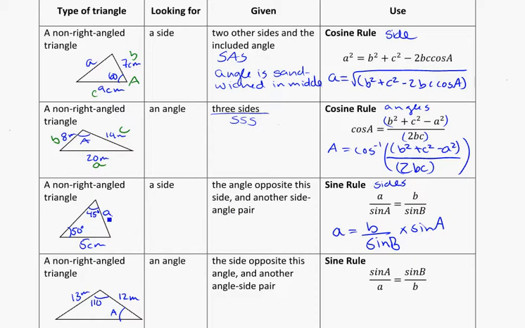The side that we're looking for is outside of the two angles. If you go around in order, you'd get an angle, and then the side that you're looking for. So one way to think about it with letters would be that you need an angle and a side, or a side and an angle.